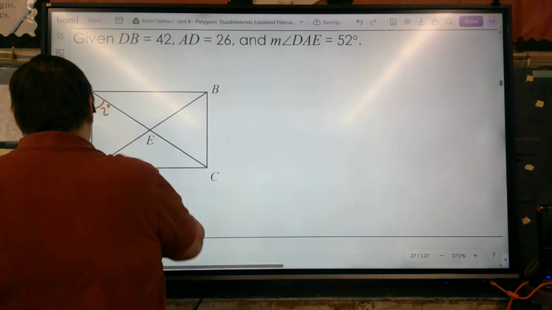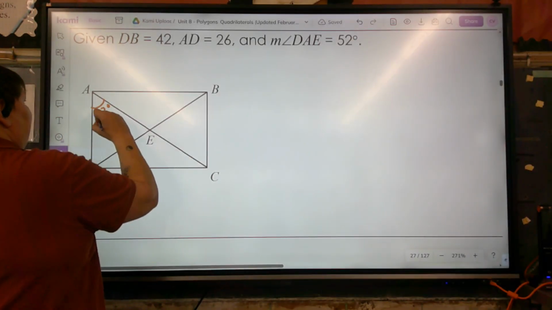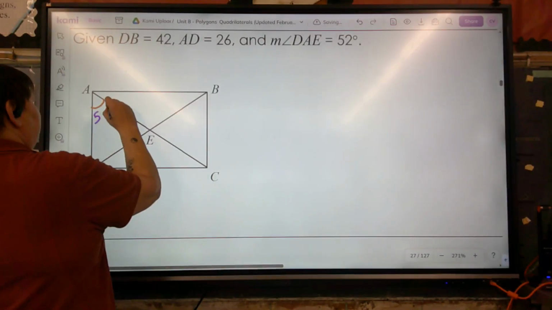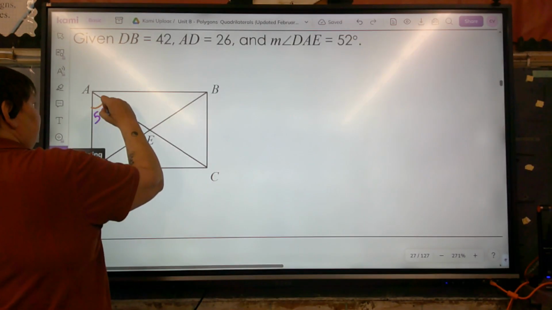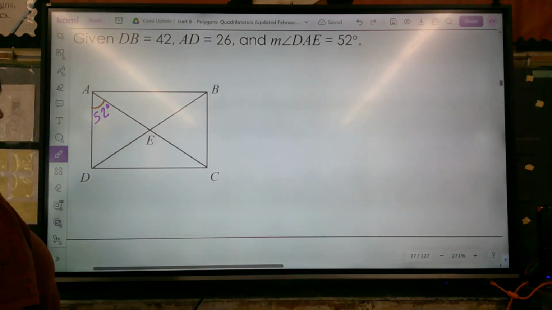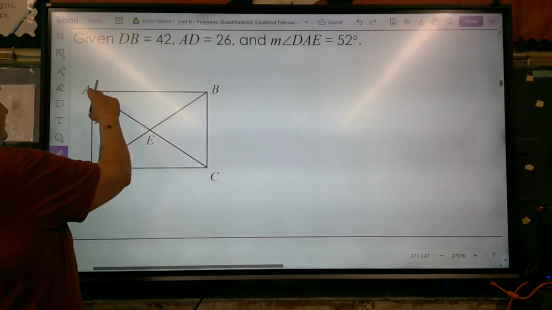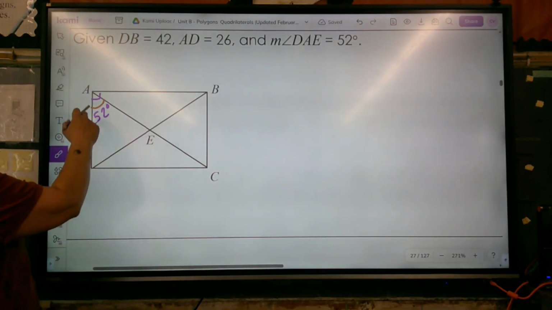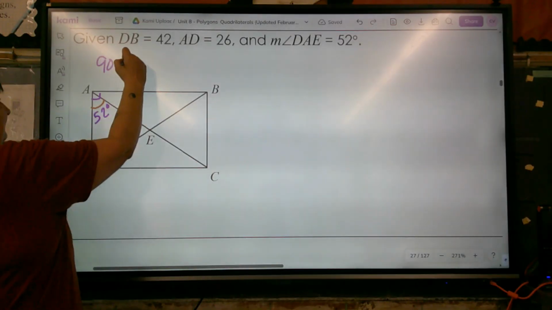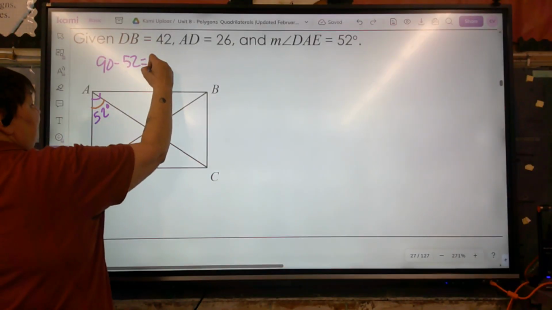Okay. What was that? 52? 52. Alright, now we can see what we can figure out based on that. We need to figure out all of the other angles. We know that this has to total 90. So 90 minus 52 is 38.